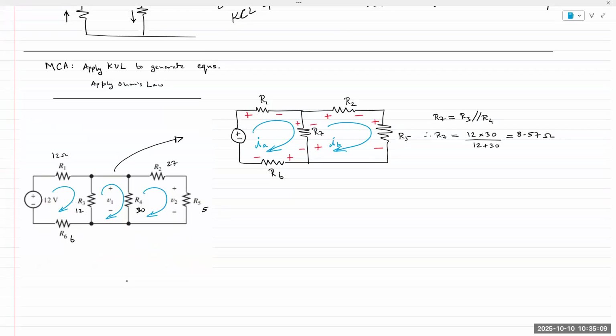So I'm going to say, what is this? 12 volts. Minus 12 plus VR1 plus VR7 minus VR7 plus VR6 is equal to 0.